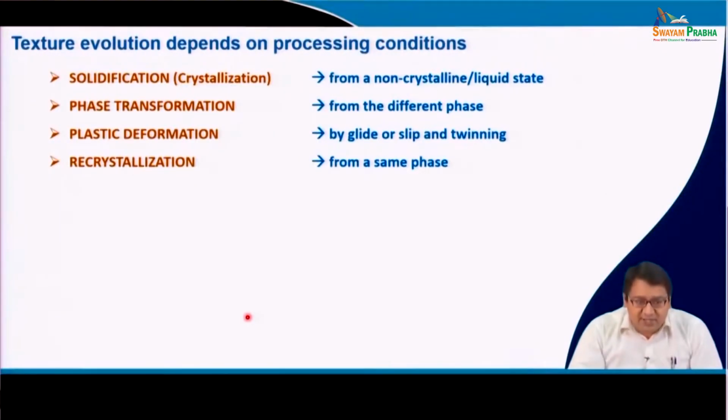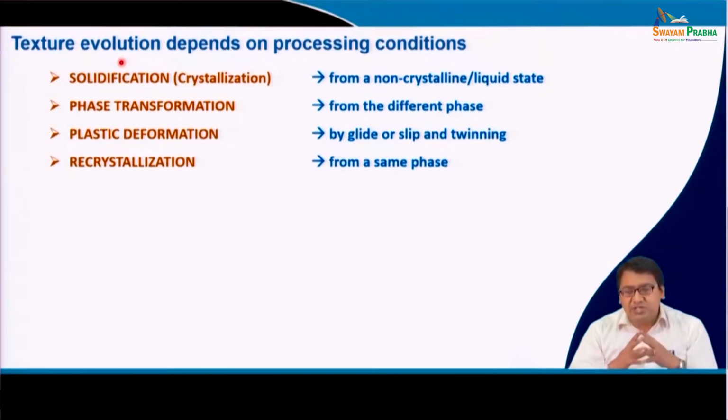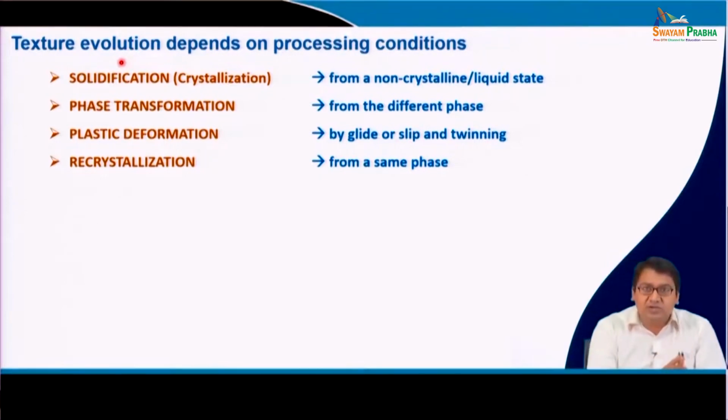So, as in the previous slides, I have shown that the texture evolution depends on the processing condition. Solidification, for example: when the liquid metal or an alloy solidifies, that is, it crystallizes, polycrystallization takes place from the non-crystalline state or the liquid state.